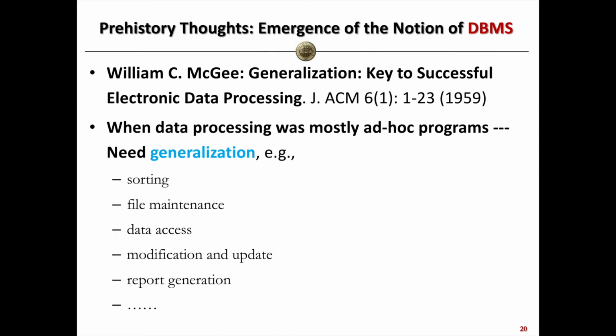For example, the basic operations we need for DBMS include the sorting of the data, file maintenance, data accessing, modification and update, as well as report generation. And if we write different programs for different sorting or for different file maintenance, that can be tedious and also time consuming. And we need to have some system that operates based on generalized software and programs instead. That's the reason why DBMS is necessary.